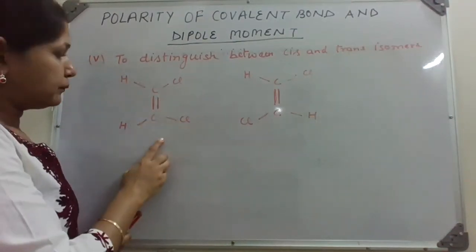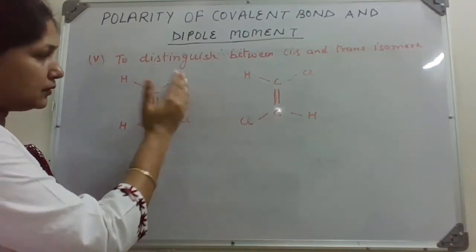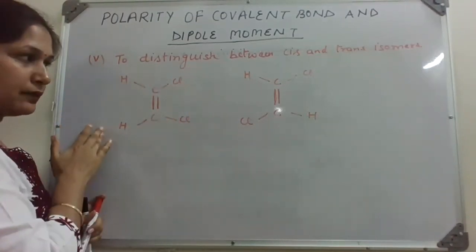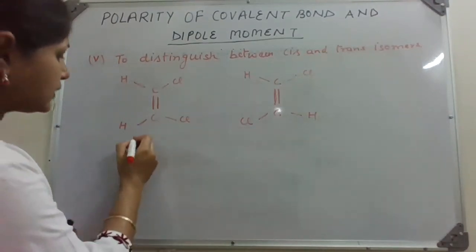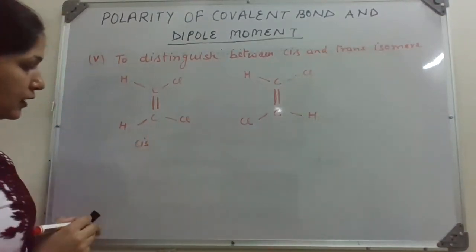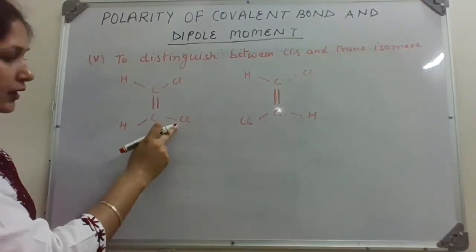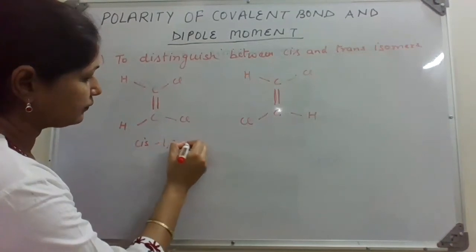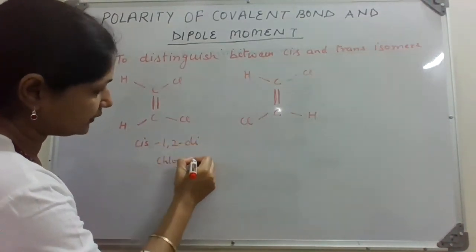In this molecule, there are the same substituents on this side, both the chlorine atoms, and on this side both the hydrogen atoms. Same substituents are on one side. This isomer is called the cis isomer, and the name of this molecule is cis 1,2-dichloroethene.